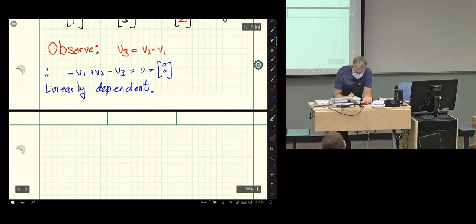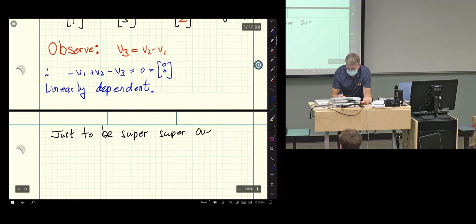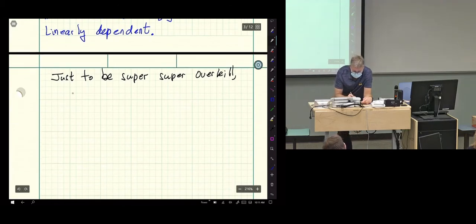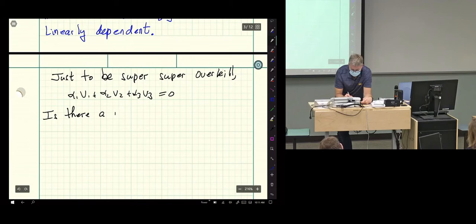So, just to be super overkill on this one, I'm looking for alpha 1 V1 plus alpha 2 V2 plus alpha 3 V3 equals 0. Is there a non-trivial solution to this equation?